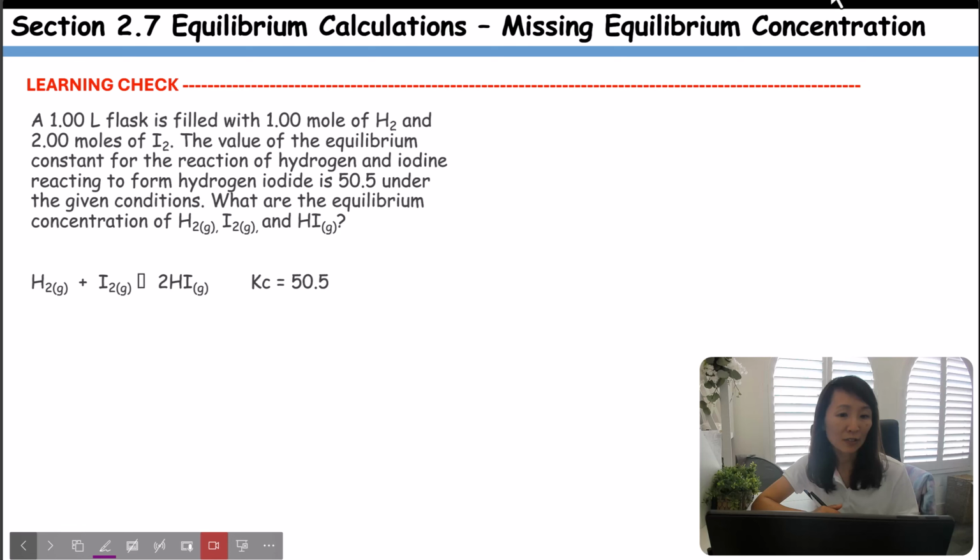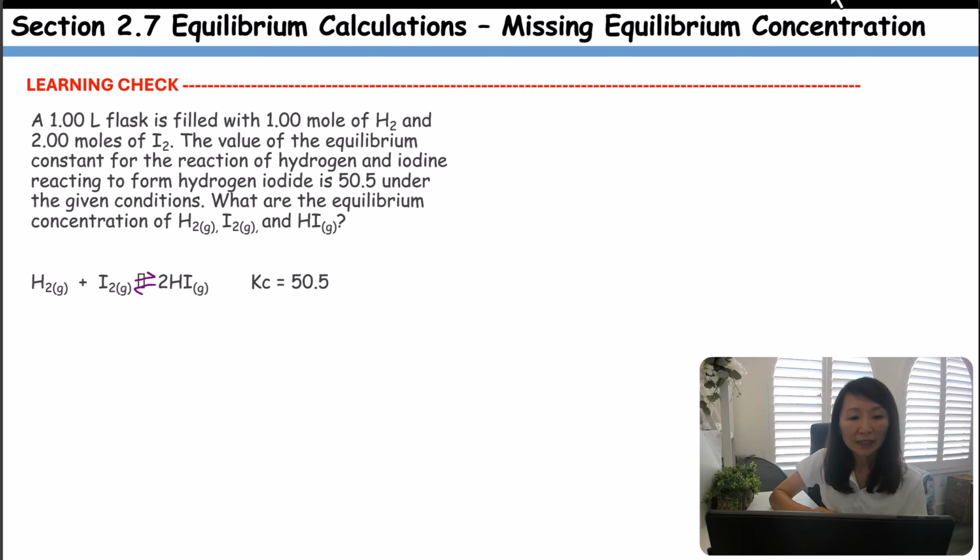A 1.00 liter flask is filled with 1.00 moles of hydrogen and 2.00 moles of iodine. The equilibrium constant for the reaction of hydrogen and iodine reacting to form hydrogen iodide is 50.5 under the given conditions. What is the equilibrium concentration for hydrogen, iodine, and hydrogen iodide at equilibrium, right? We're looking for the concentration for all three.